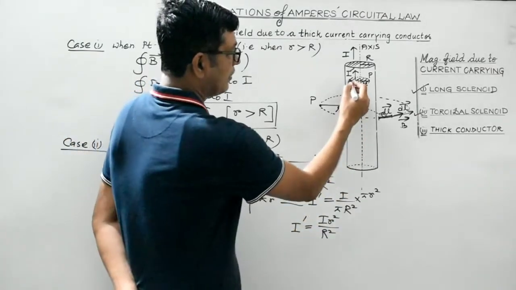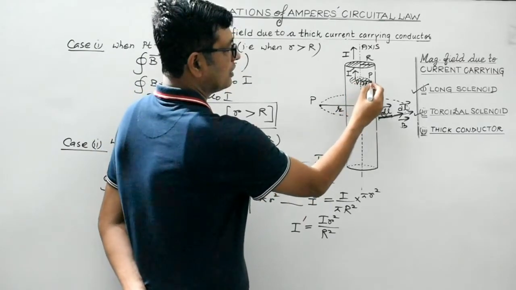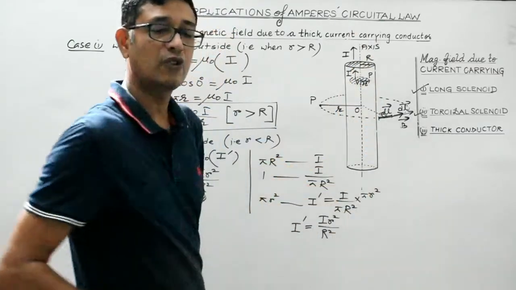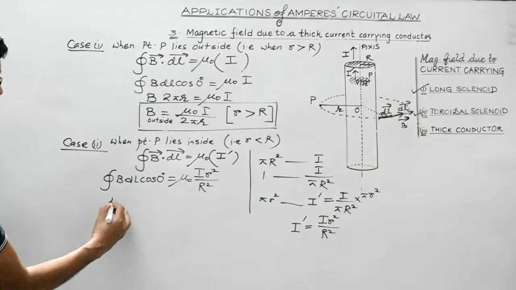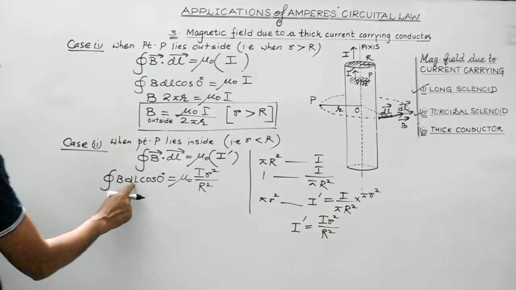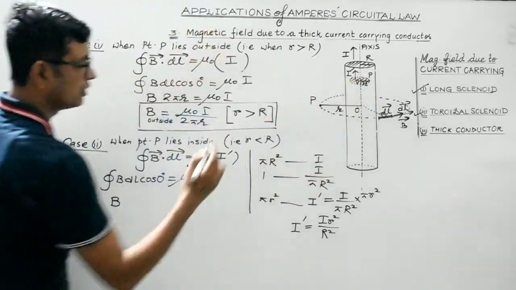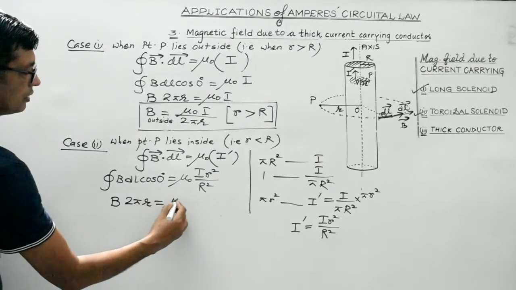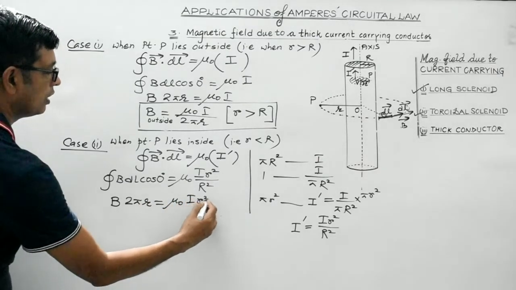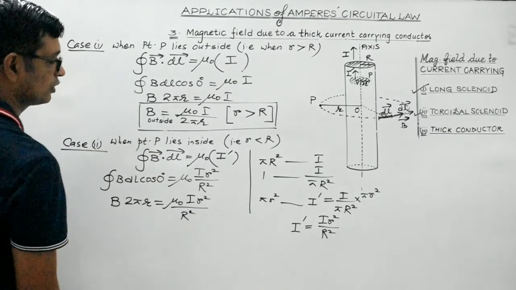Again, magnetic field at any point on the circumference of this imaginary loop, which is equidistant from the axis of the conductor, would be constant. So it can be taken outside. Integration of dl will give you the circumference of the loop of radius small r, which is 2 pi r. It is mu naught I r square divided by capital R square.